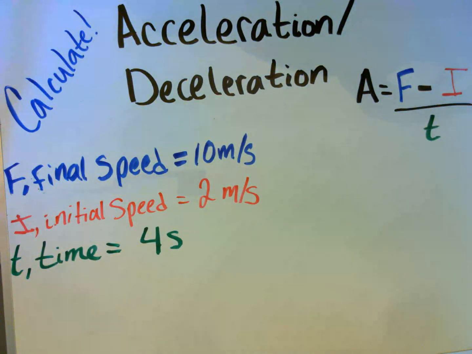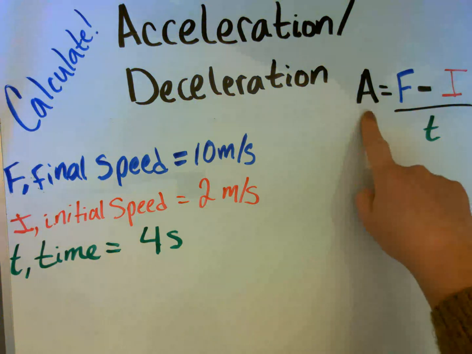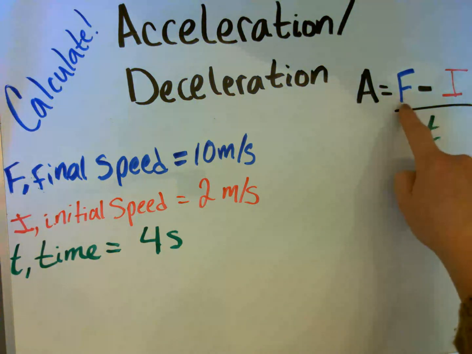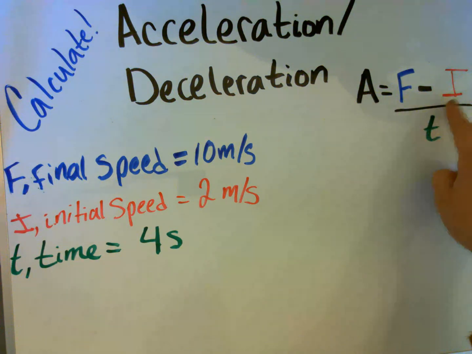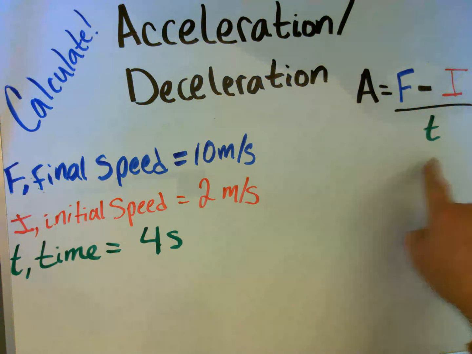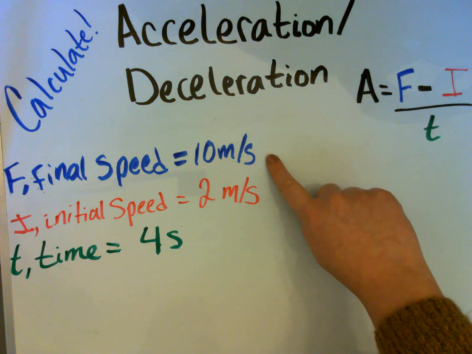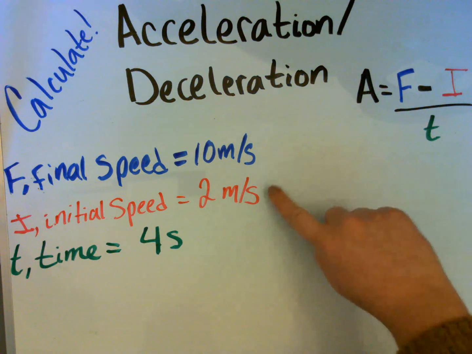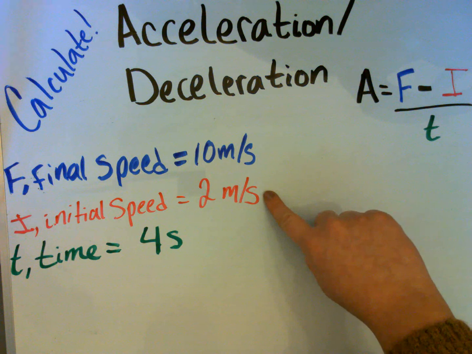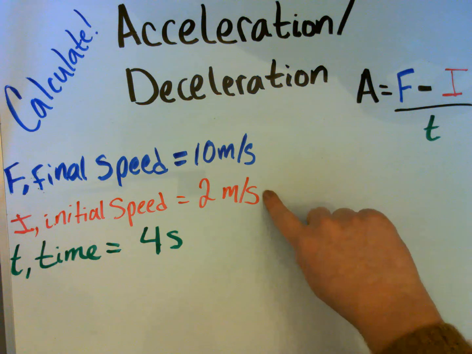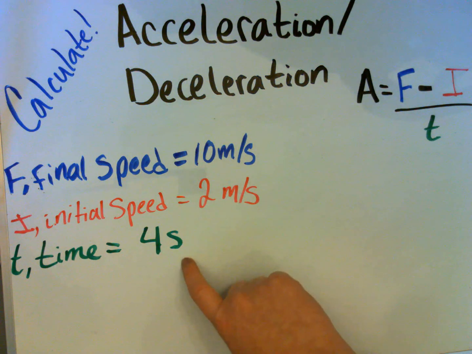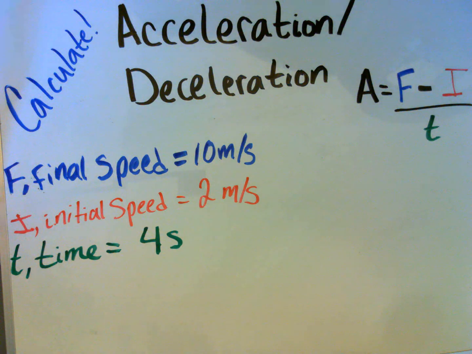Let's practice using our equation acceleration equals final speed minus initial speed divided by time with a few examples. For our first example, we know that final speed equals 10 meters per second, initial speed equals 2 meters per second, and time equals 4 seconds. So let's set up this problem.